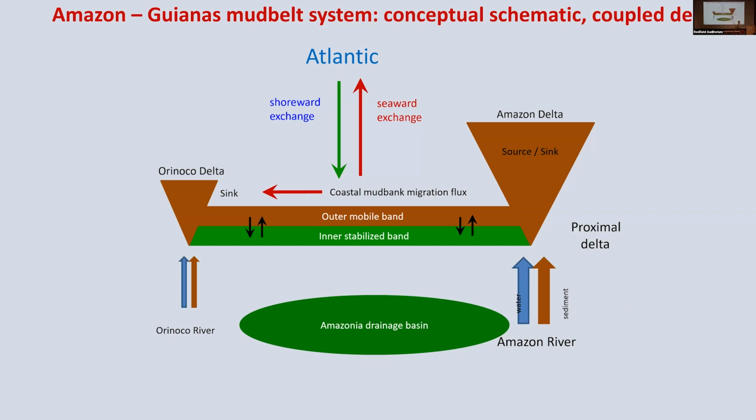And I like the quote from Thoreau that it's not what you look at, it's what you see. And so what I see is a band of mobile mud moving along the coast. And in this case, it's in the form of a series of mud banks. The inner part of the mud bank is stabilized by mangroves.